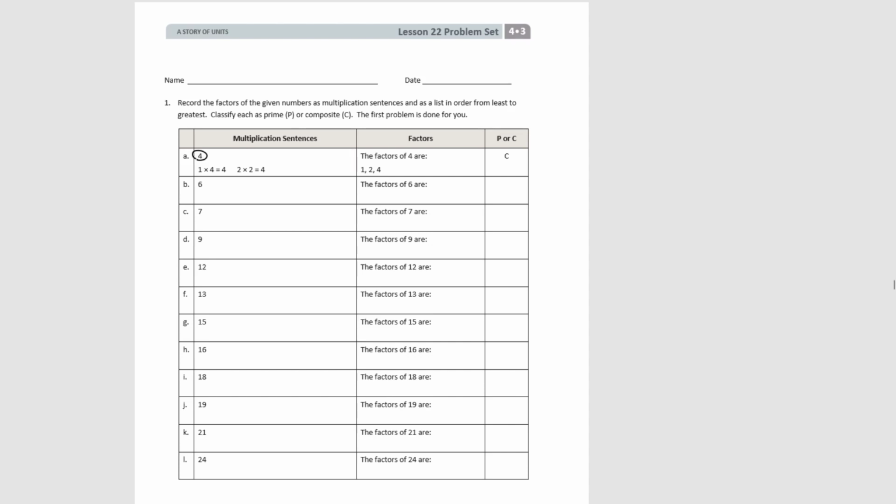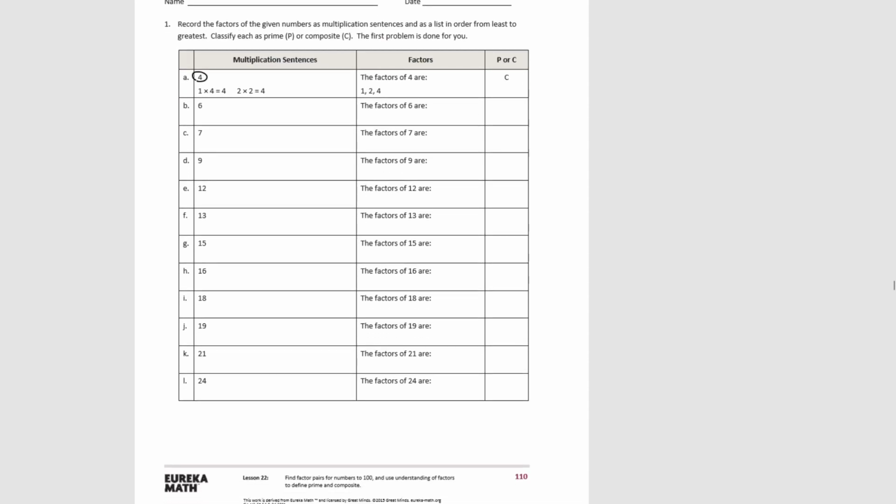You try number 6, B. Okay, for 6, we can do 1 times 6, because we can always do a number times itself. We can do 2 times 3.